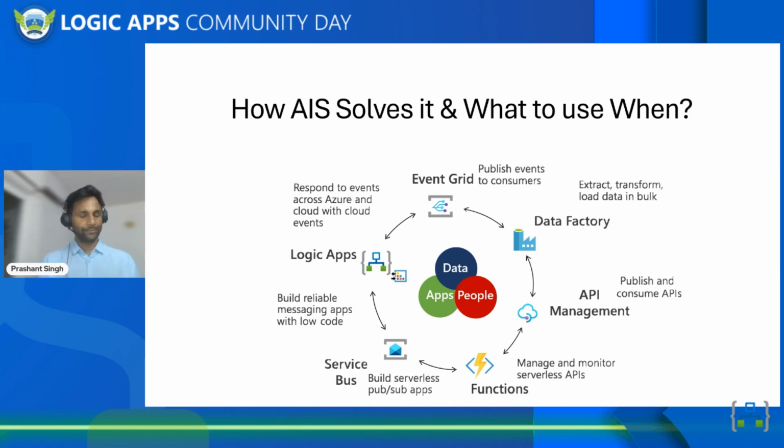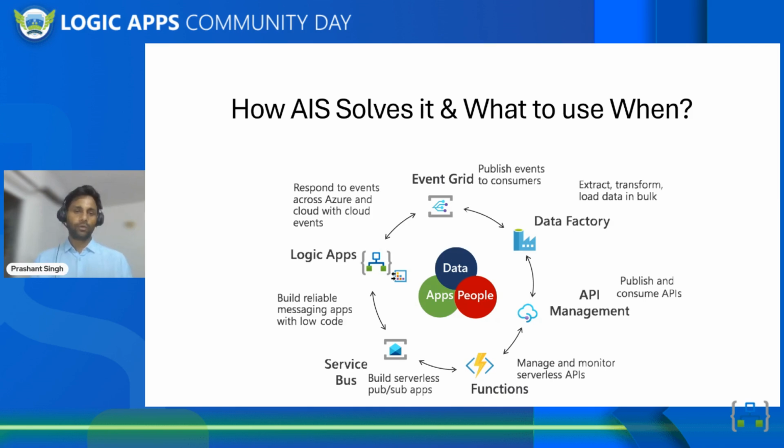Data Factory or Synapse should be chosen if you have massive, bigger-size data, and you want to extract data from multiple systems, transform it, and load it to a system. It is kind of a replacement, not exactly a replacement, for SSIS. The cloud counterpart is ADF. API Management, as we all know, lets you publish your APIs or consume other APIs.